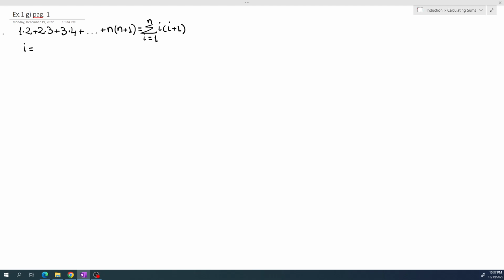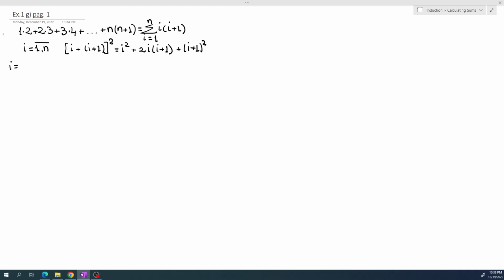For i equal 1 to n, we will expand the following binomial: i plus 1 squared, and this is equal with i squared plus 2i plus 1 plus i plus 1 squared. And we will have to calculate this sum for all i's from 1 to n.